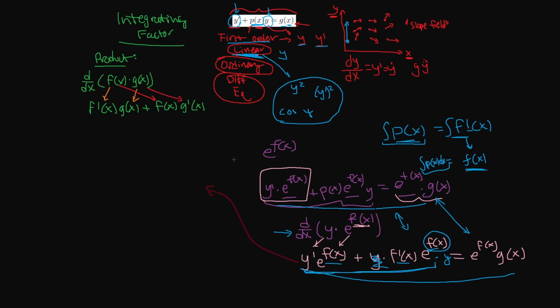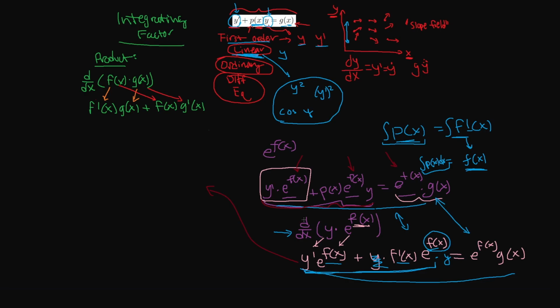And the idea is that we've multiplied through our equation by this term e to the f of x. Right? We've multiplied through every single term. And because we've applied it to every term in the equation, even the right-hand side, it's still equal. The equation still works. And the idea is we're trying to use this to condense two terms into one term.